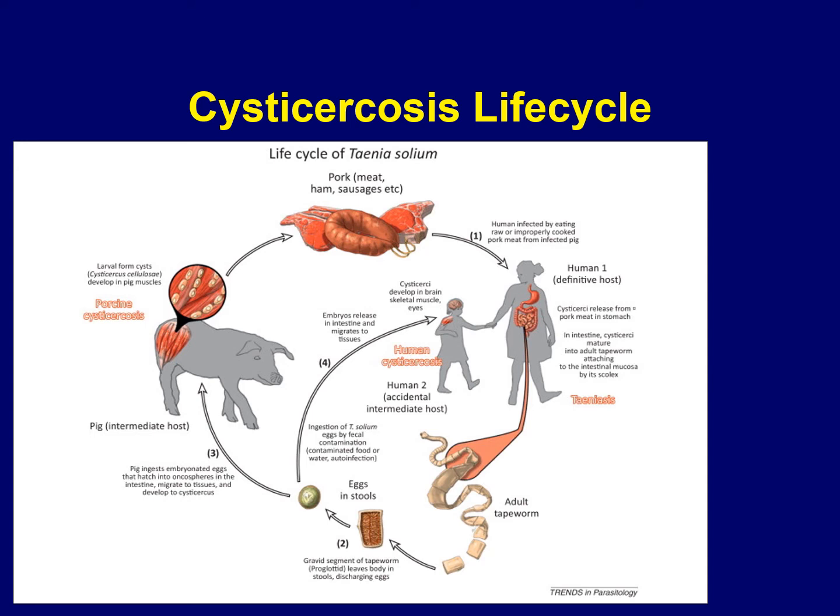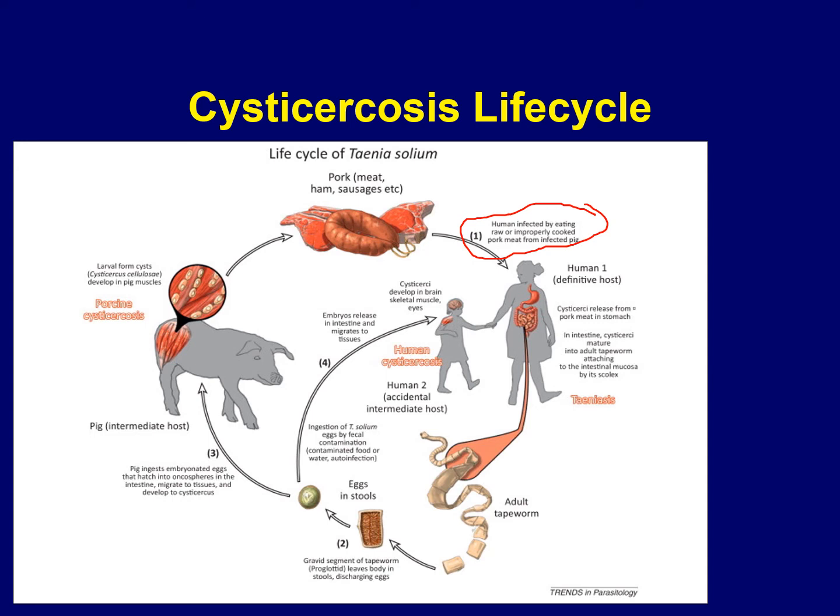Let's talk now about the cysticercosis life cycle. And as you can appreciate, like Chagas disease and other neglected tropical diseases, it's a complicated life cycle between humans, their environment, and animals. We'll start here at number one and make our way around. But what happens is that humans are infected by eating raw or improperly cooked pork meat from an infected pig.